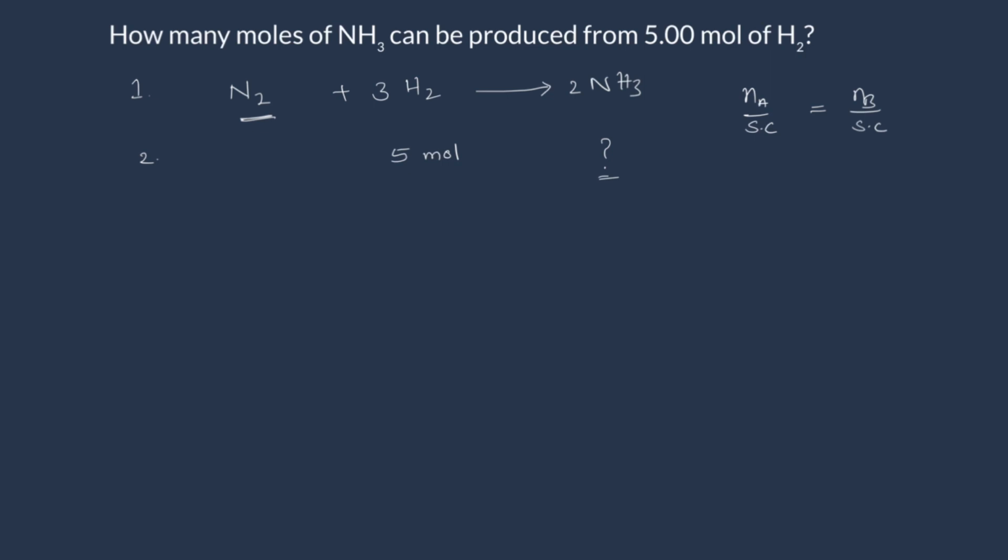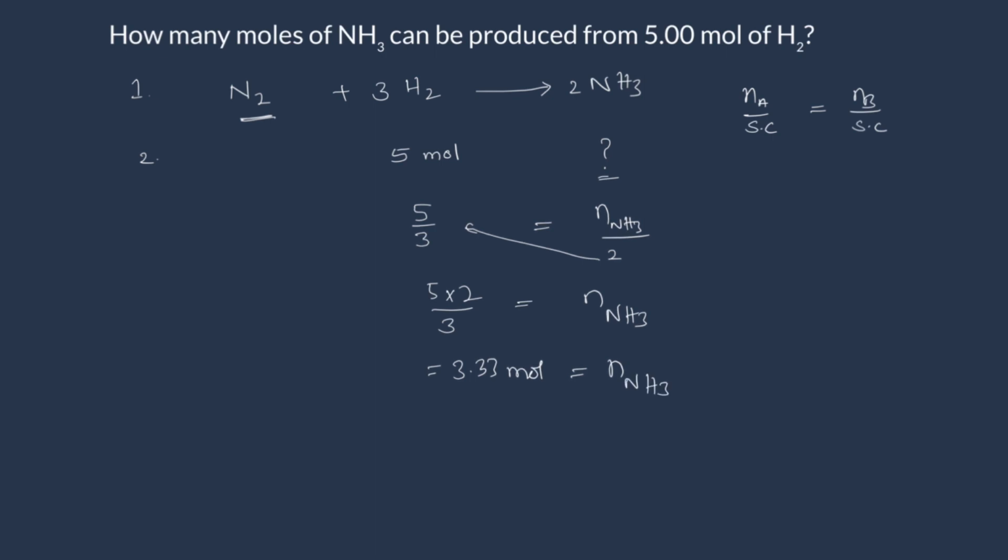Then the molar ratio: 5 mole by the stoichiometric coefficient of hydrogen, 3, equals the number of moles of ammonia, which we don't know, by its stoichiometric coefficient, 2. Cross multiplying, 5 into 2 divided by 3 equals the number of moles of ammonia.